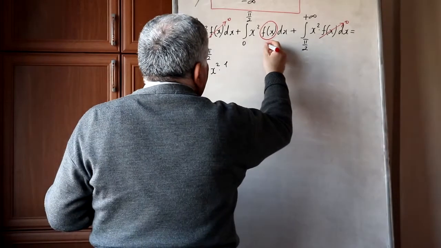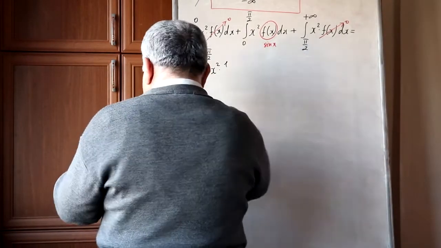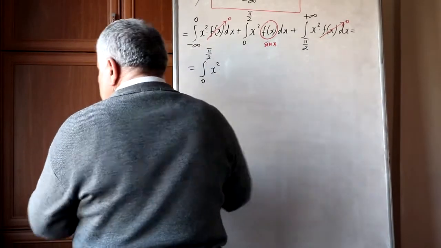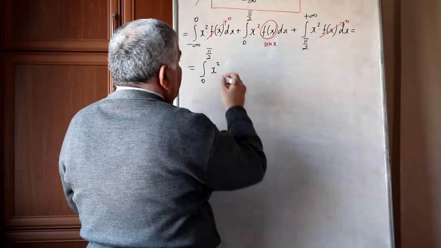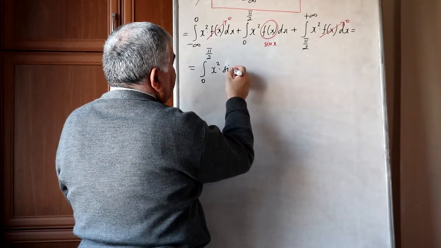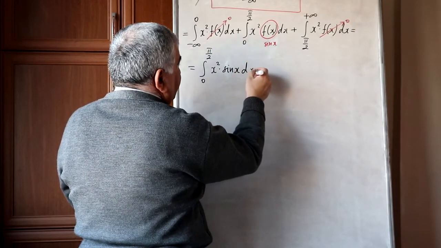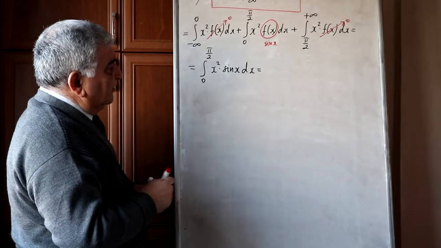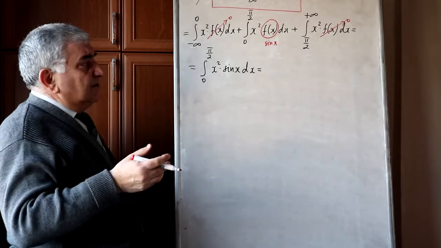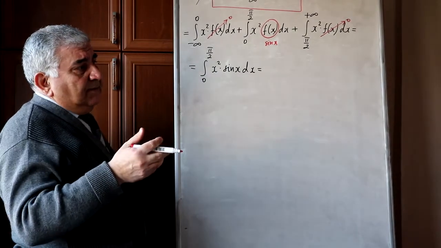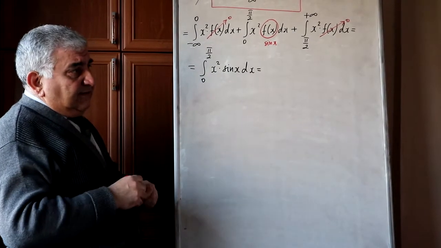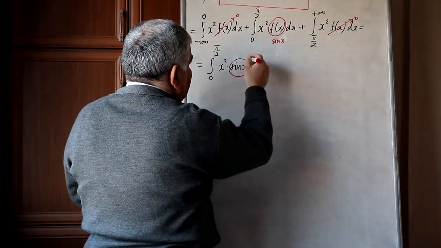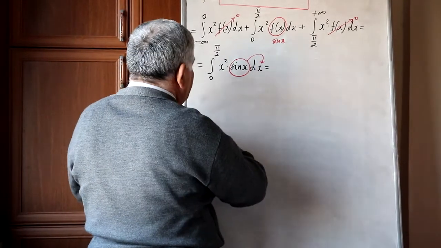Integral of x squared multiplied by sine x dx equals. Here again introduce sine x into the differential sign for the application of the definite integration by parts. Sine x dx is minus d cosine x.